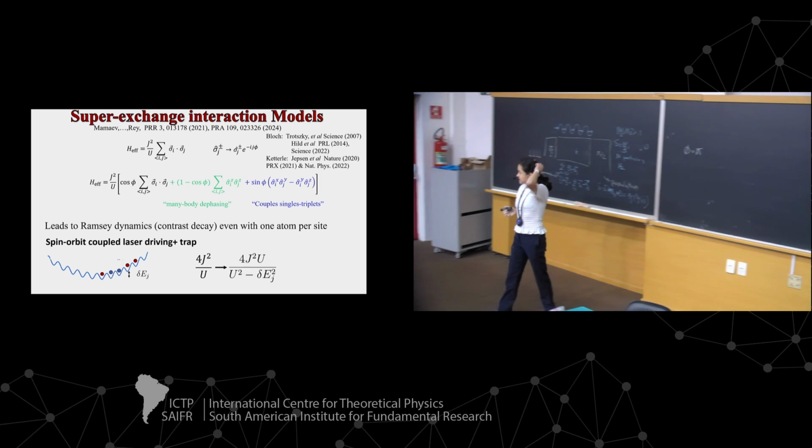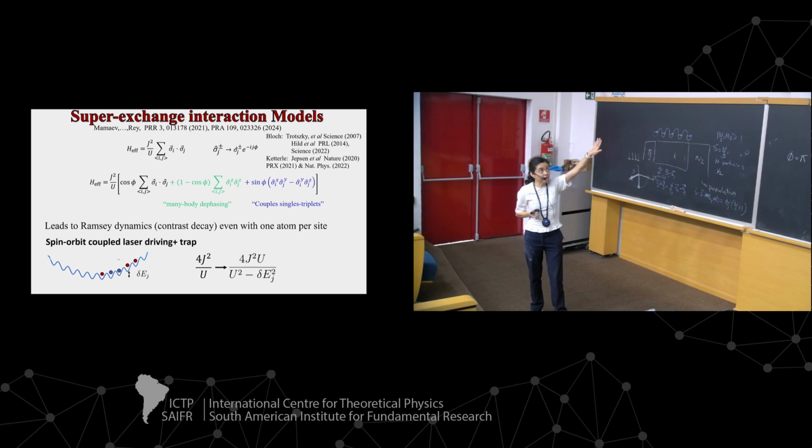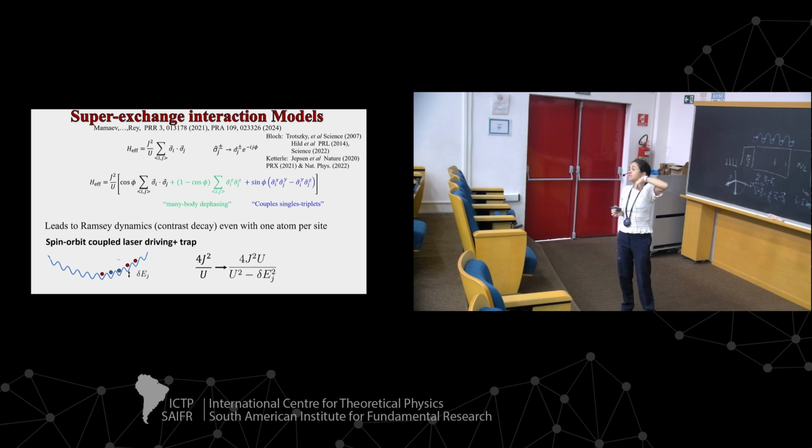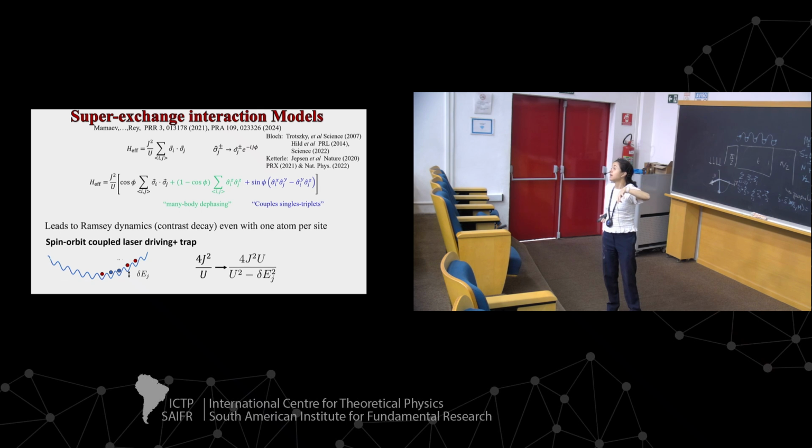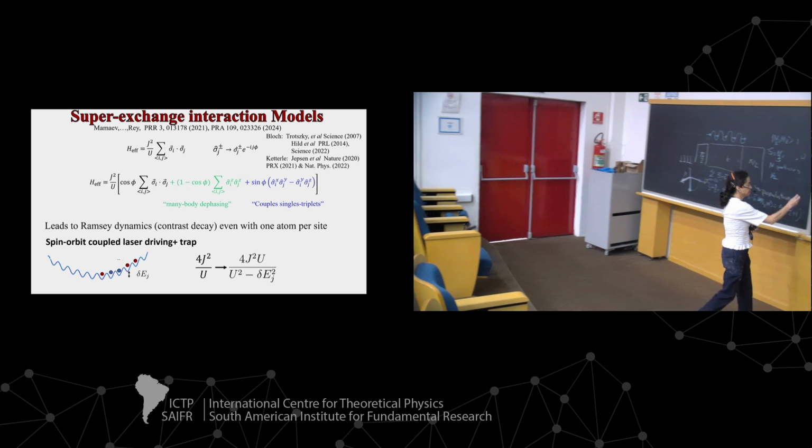And let's start, as I said, we can go and look at this Hamiltonian, or we can start with a spiral state and look at the dynamics. And let's start by looking at two sites, only two sites.